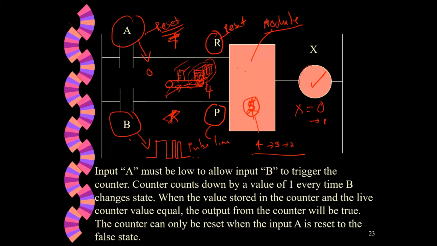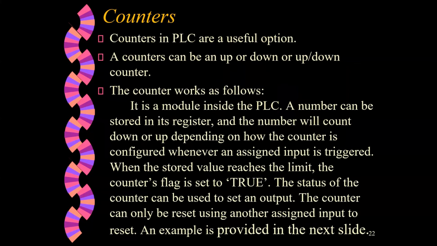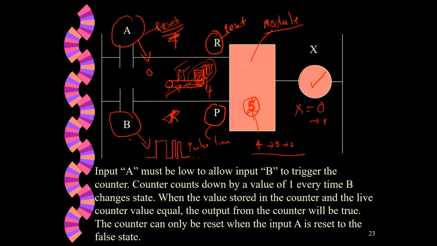So I use a counter to shift the line from one processing operation to another. That's another example. There are oodles of examples. So that's the way the counter works. Now you can read this. That's basically what I have covered on this slide.